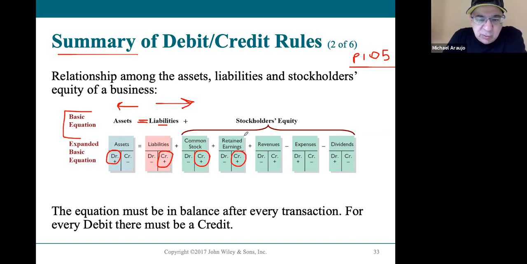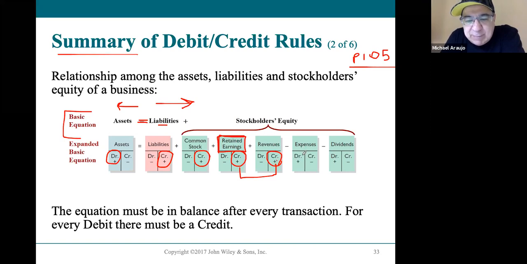Now, this is the strange one, because as we looked at in objective 1, retained earnings absorbs the income statement and the retained earnings statement all into one. The profit of the company comes from revenue, so revenues are looked at as credit side balances.